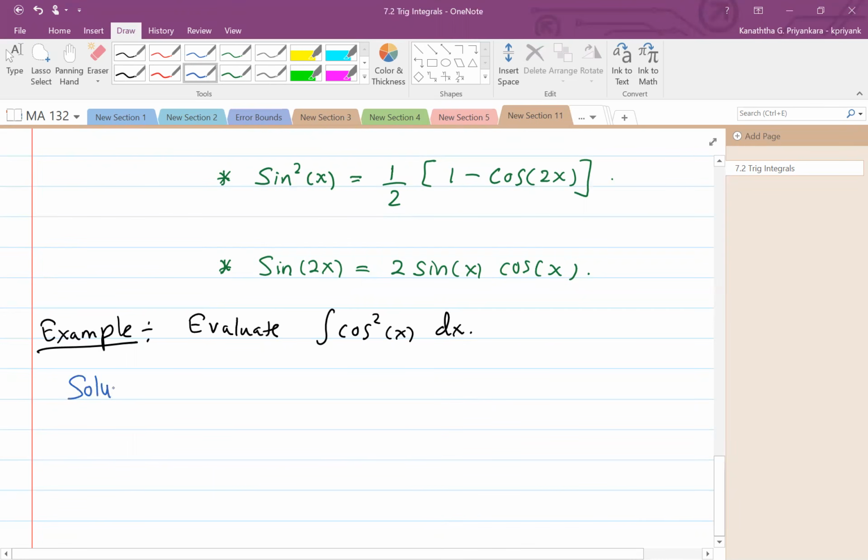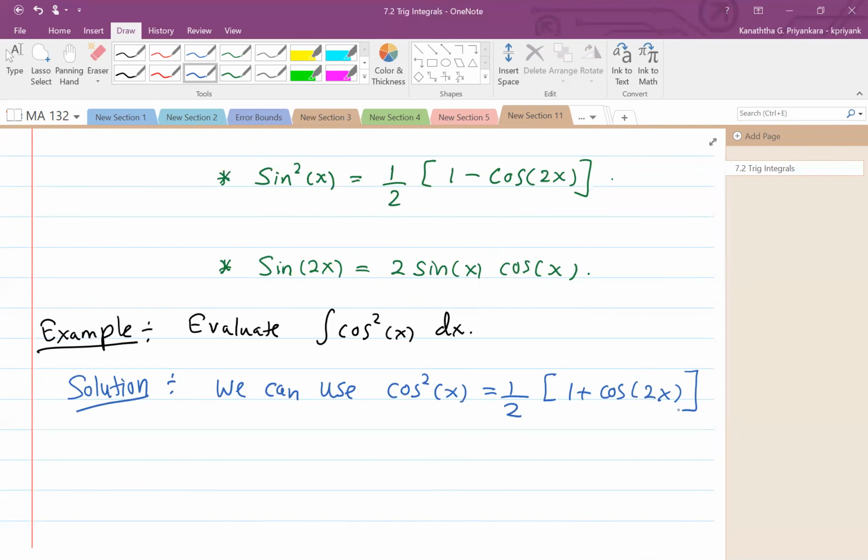Solution. So we can use cosine squared x equals 1/2 times 1 plus cosine 2x. Now I'm going to substitute this into the given integral, then we can integrate. So we have the integral of cosine squared x dx.